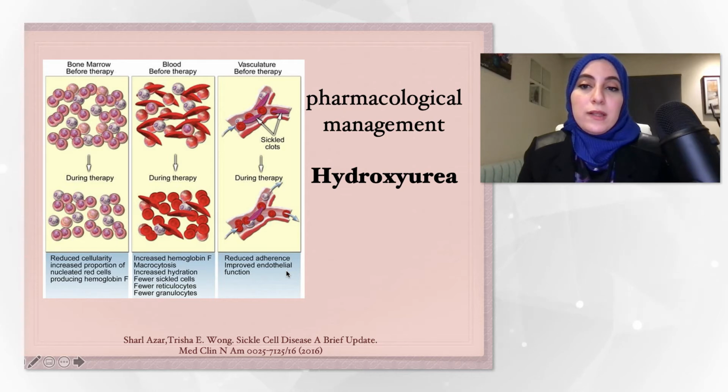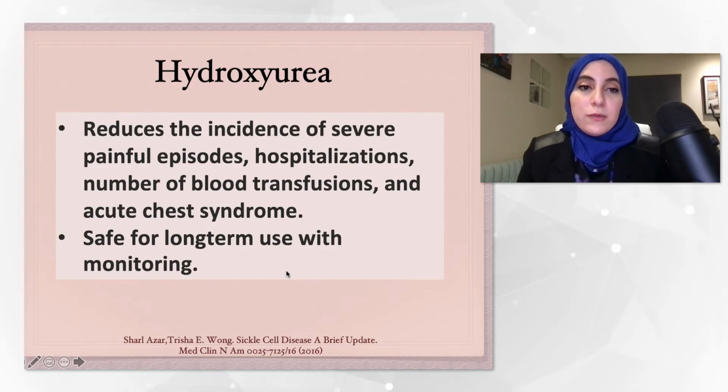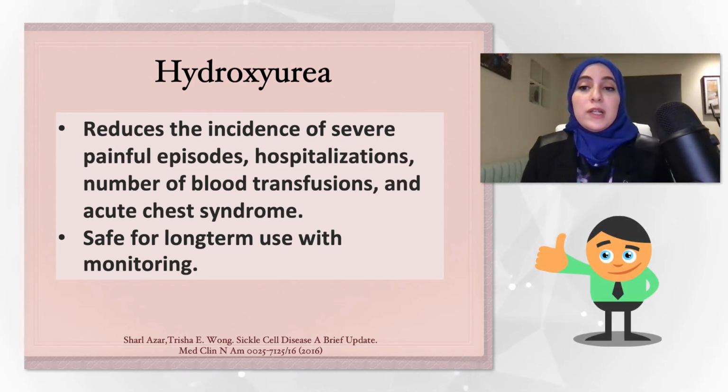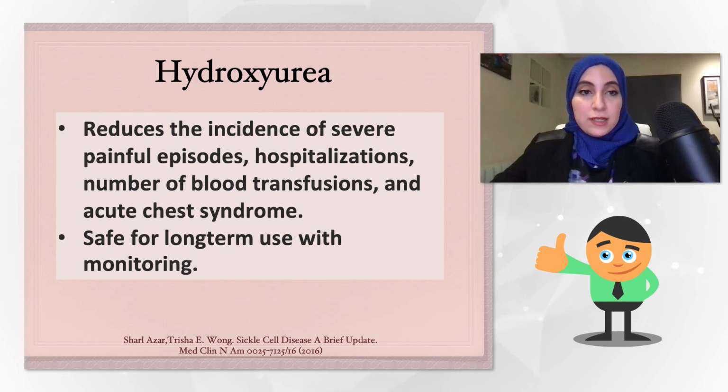So, the multicenter study of hydroxyurea was the main randomized trial that showed how hydroxyurea will reduce the vaso-occlusive events by nearly 50%, and that it will increase the total hemoglobin and fetal hemoglobin, which will also reduce the incidence of acute chest syndrome.